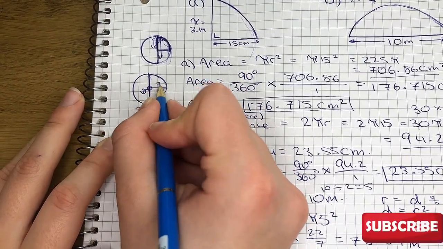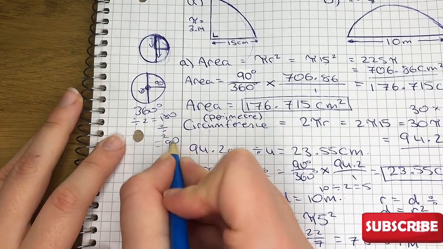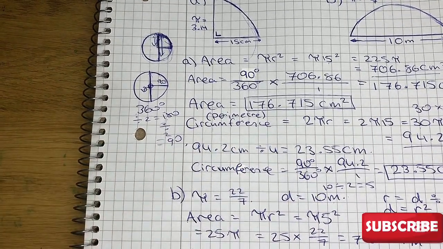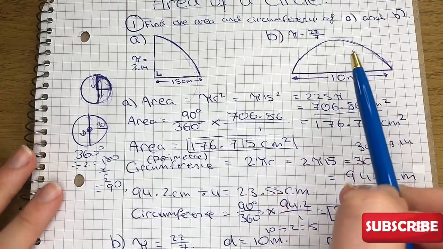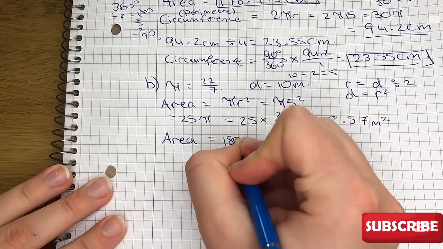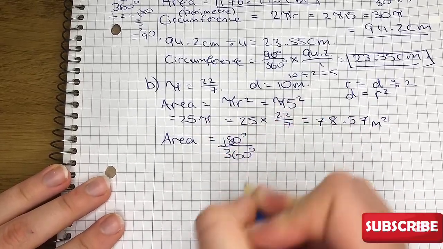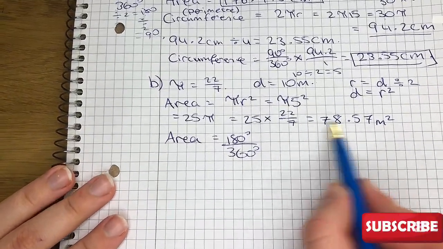A sector is 90. Why? 180 degrees divided by 2 gives us 90, and so on and so forth. So half of a circle is 180 degrees. So we are trying to find 180 degrees over 360 degrees, which is the full circle, which we already know because we have the area of the full circle.